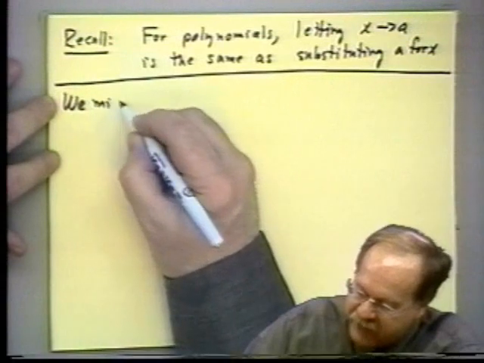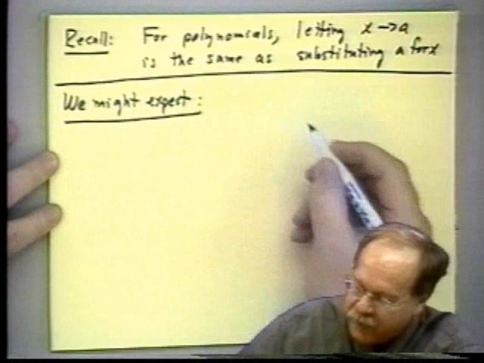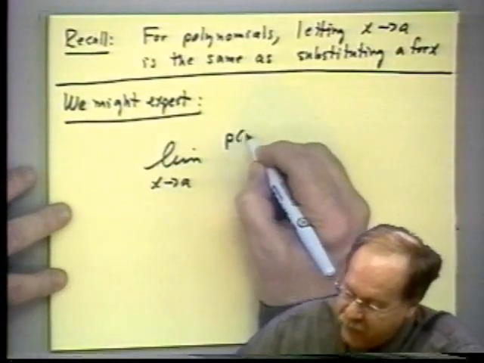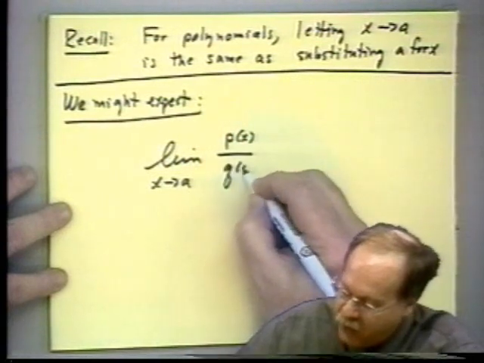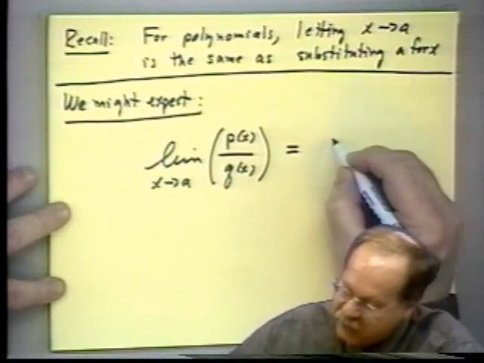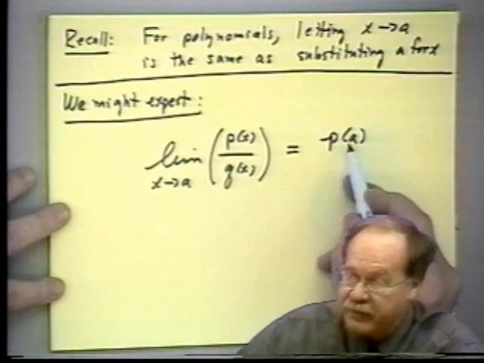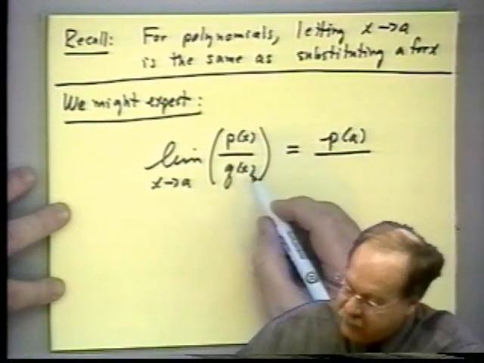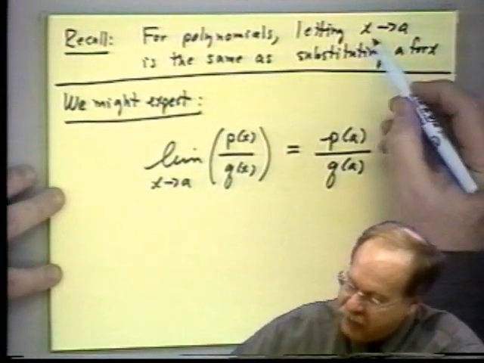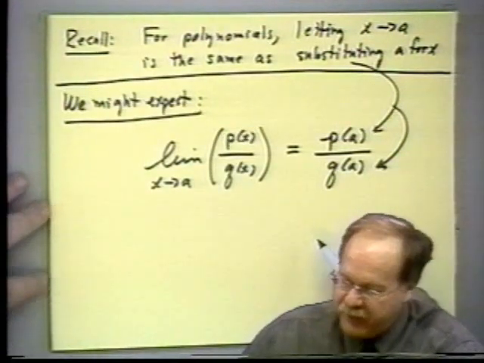With that in mind, we might expect the following. We might expect that if I take the limit as x approaches a of a rational function p of x over q of x, where p of x and q of x are both polynomials, I would expect to get p of a over q of a, because the limit of p of x as x approaches a is p of a, and the limit of q of x as x approaches a is q of a. So this is what I would expect, because substitution is what's supposed to happen with polynomials.